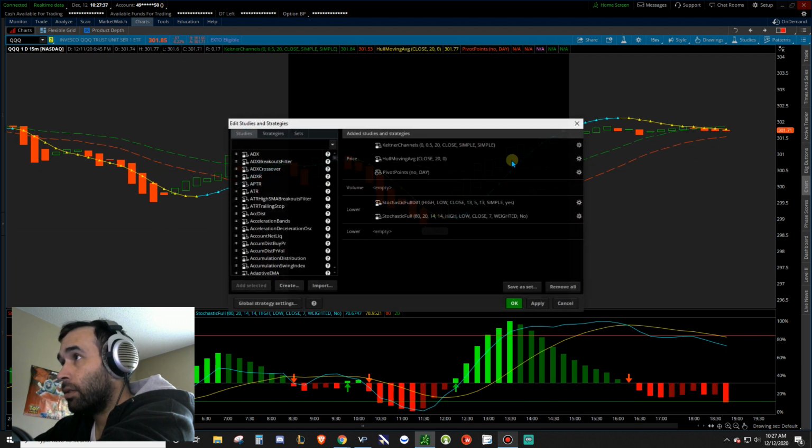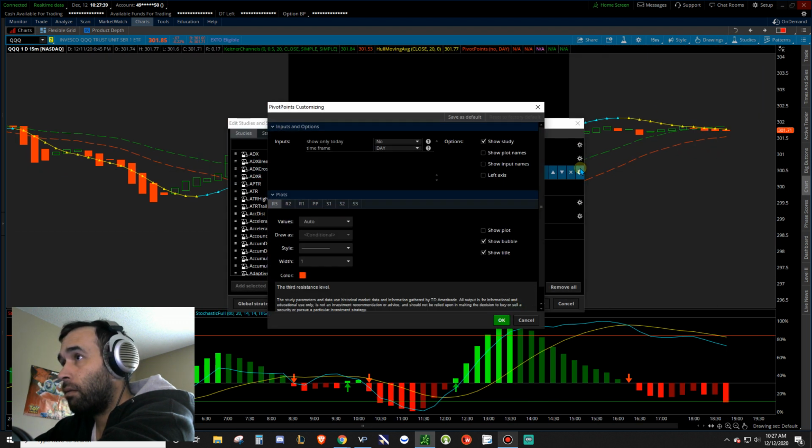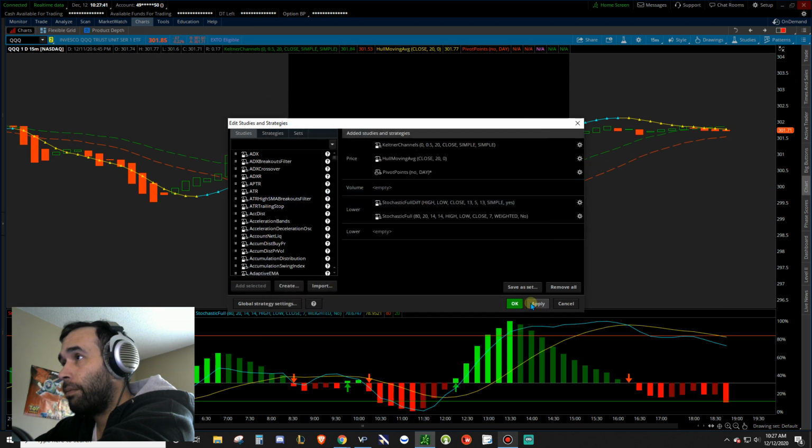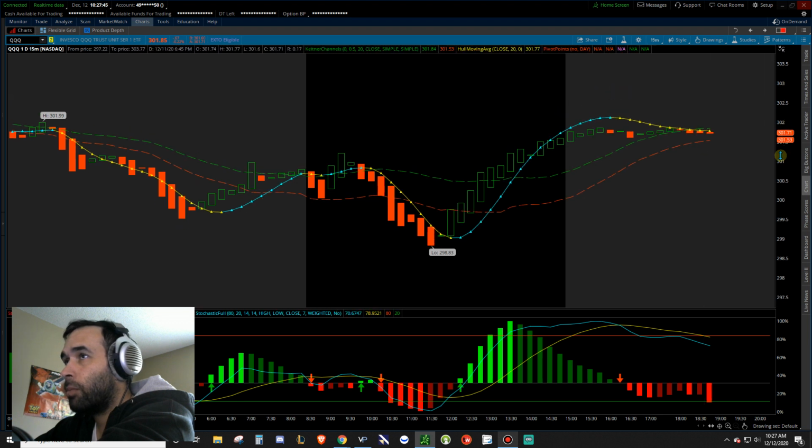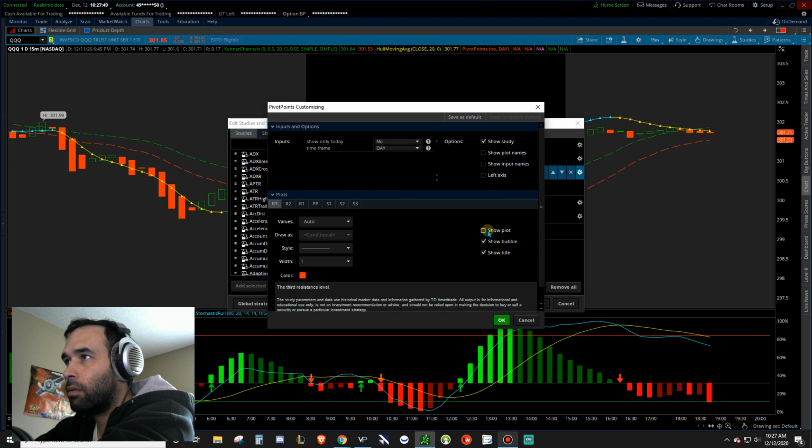Where are my pivot points at? So the pivot points should be in here. I'm not really sure why they're not showing. Did I turn them off? Troubleshoot a little bit here.